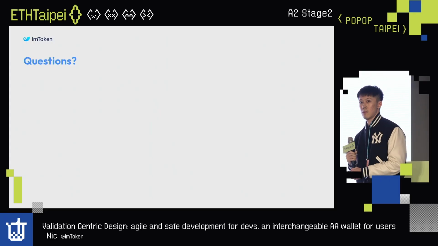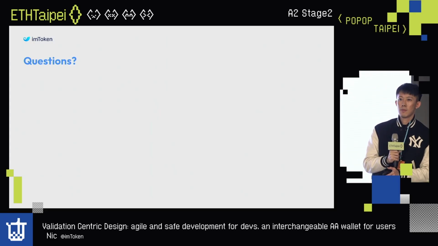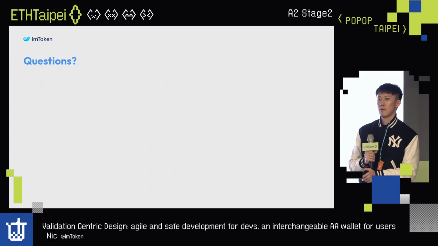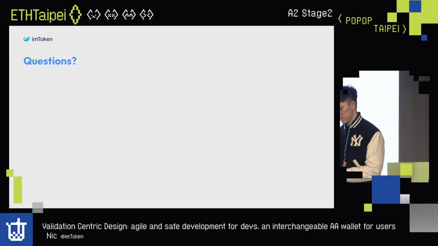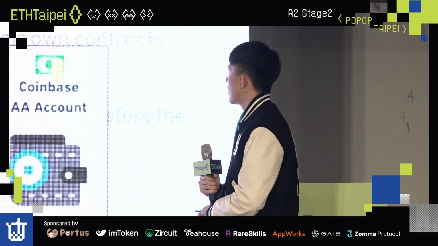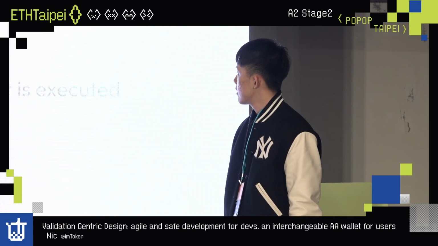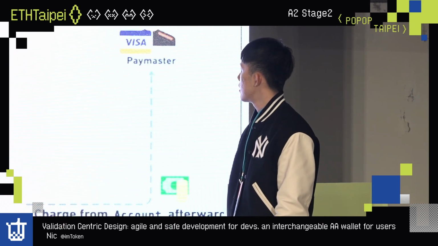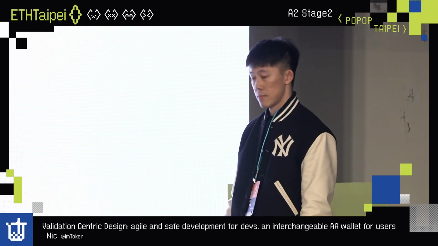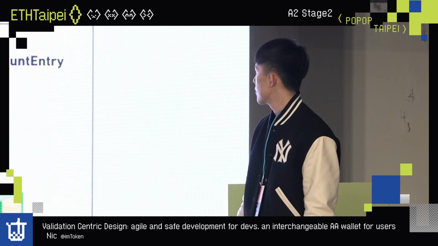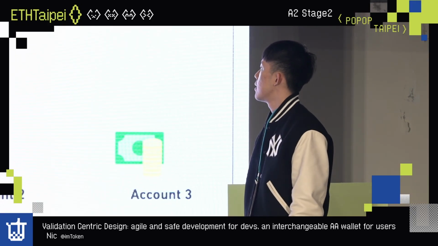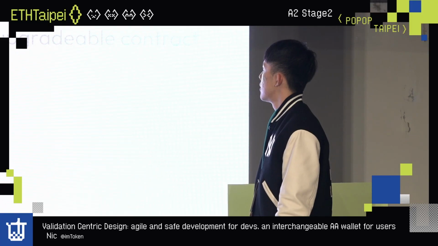Hi. So it means that for each smart contract wallet, you will point to an account entry, and you can migrate to another implementation, for example, the Coinbase wallet. But wouldn't storage collision be a problem for that?